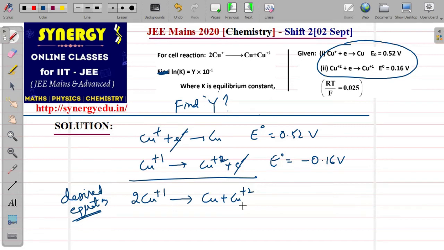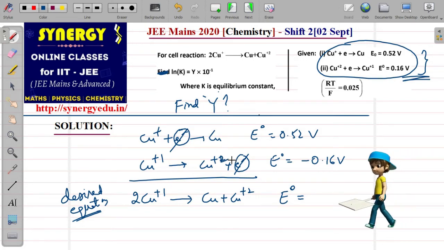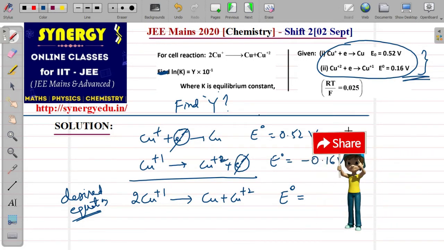For this equation only, we have to find the y value in the ln k equation. Therefore, to get the desired equation, I have manipulated the given equations, inverted the second one and added them. When I add them, the E naughts can also be added. Remember, whenever you take redox reactions, reduction and oxidation both happen, and when you add them and the electrons get cancelled out, you can directly add or subtract the E naught values.